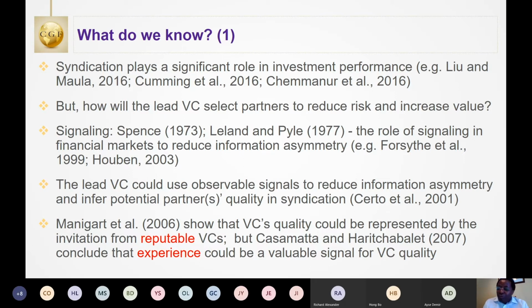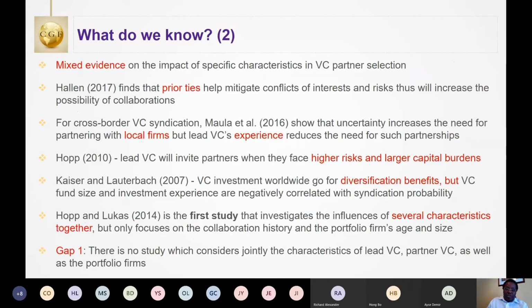And especially the work of Mangard is very important, who emphasizes reputation. But Casamanta and Harichabad go a little bit further and say it's not only reputation, but also experience, which provides very important and valuable signals for the quality of venture capital transactions.